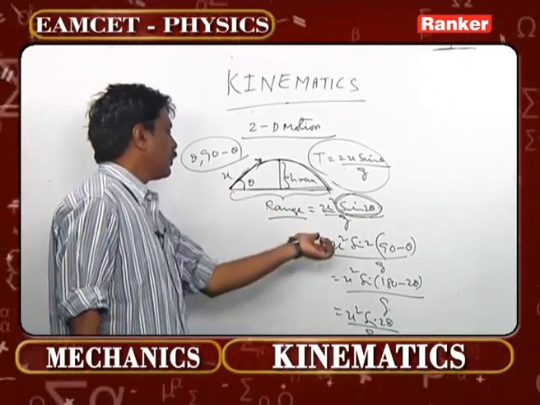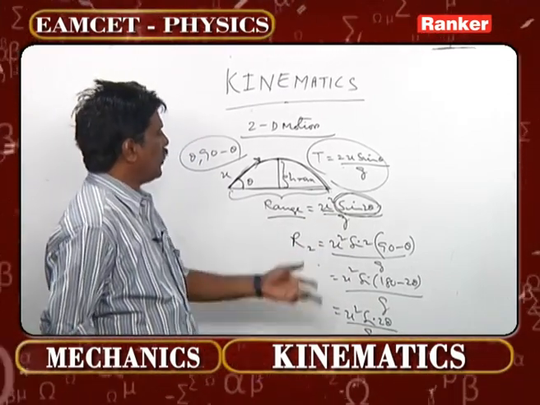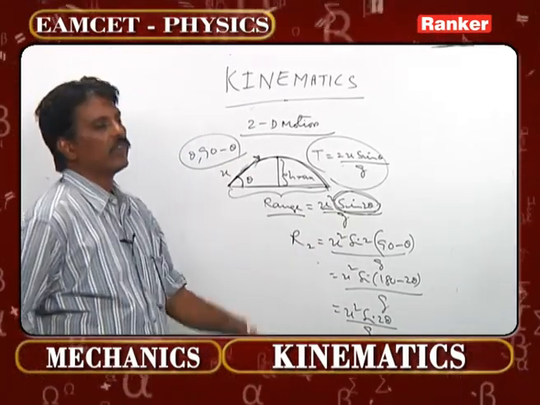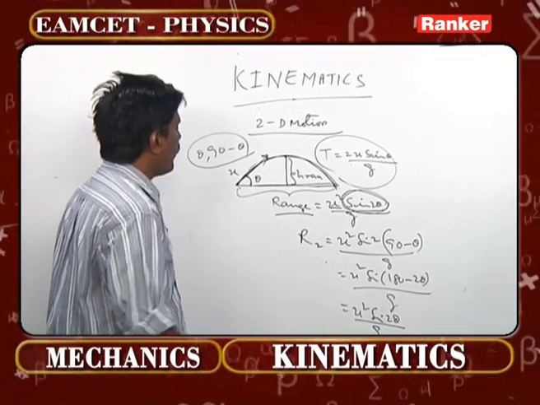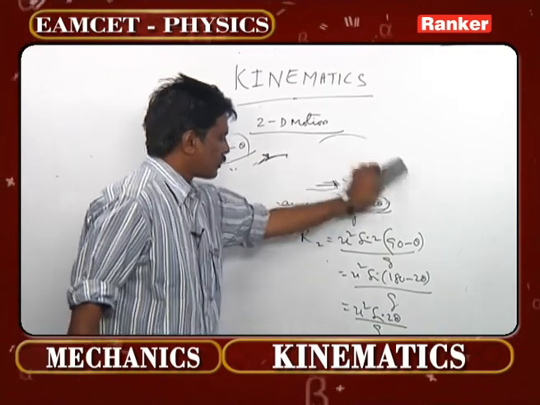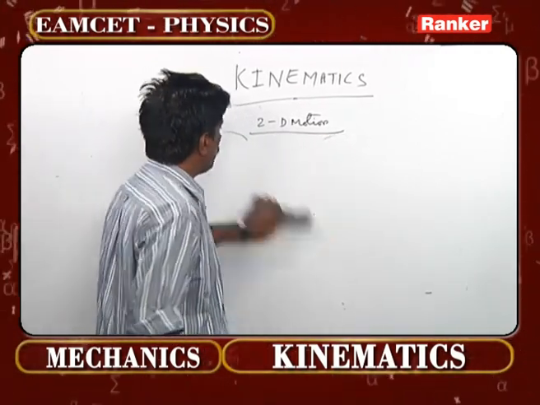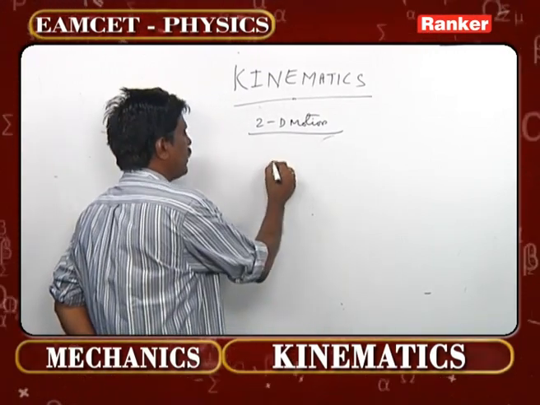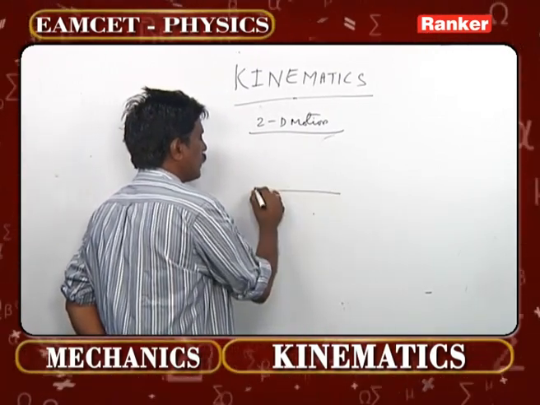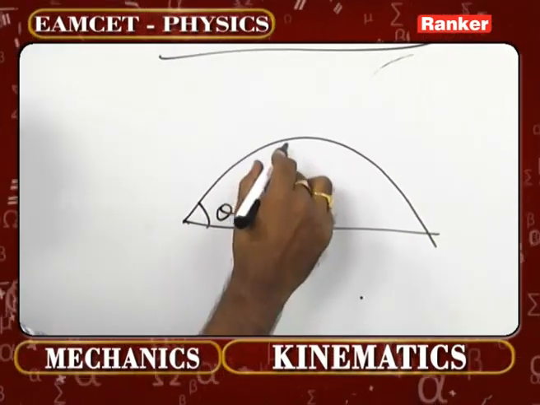So, without changing the range, you can project the body at two different angles. Thereby what happens is you can change the maximum height. So, maximum height can be changed. See, for example, in the first case, suppose the angle of projection is theta, it reaches like this.